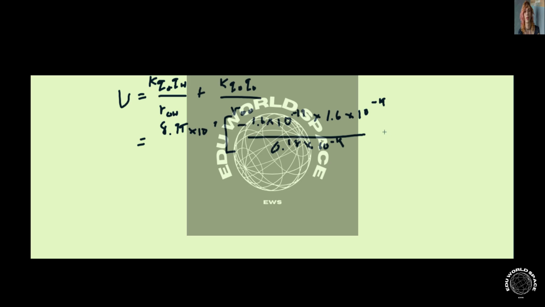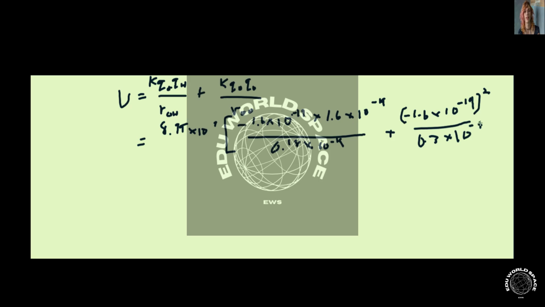And this is plus negative 1.6 times 10 to the negative 19. And since this time it's the charge of two oxygens, we can just square this. And now this is again over the radius between the nuclei of the two oxygens, which is equal to 0.3 times 10 to the negative 9.